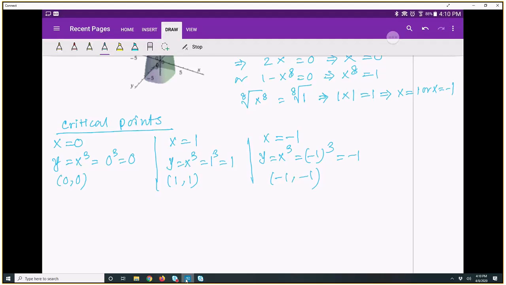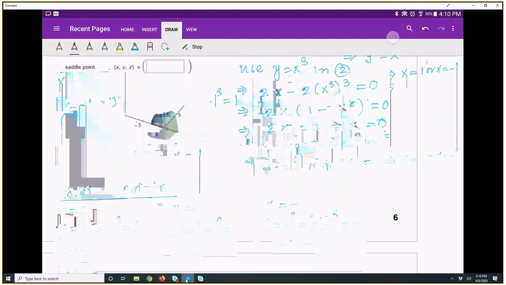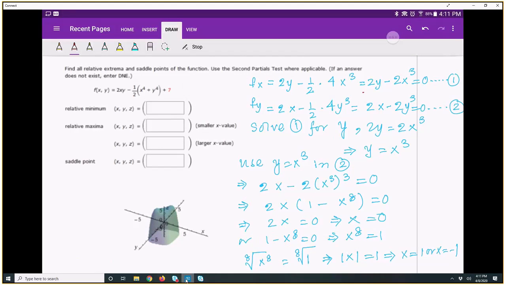So we will do the second order partial derivative test, but this time we're going to do it for all three of these points. So I will go ahead and find out what is fxx. Let's go back to fx and derive it with respect to x. My fx was 2y minus 2x cubed. When we take the derivative of fx with respect to x, we get minus 2 times 3 times x squared.